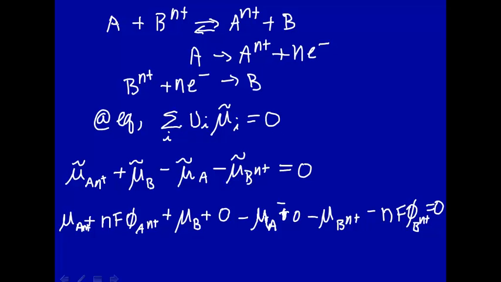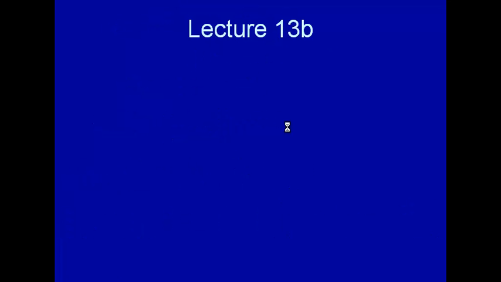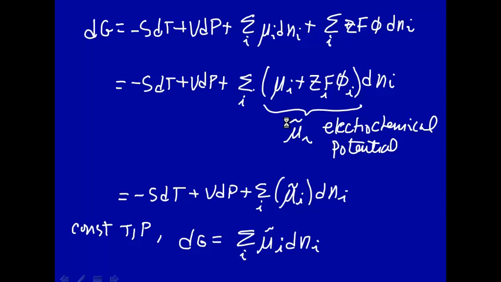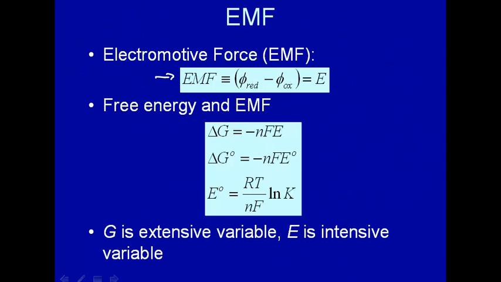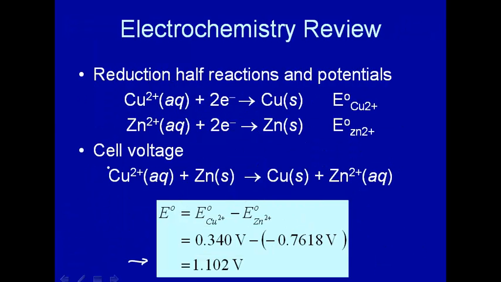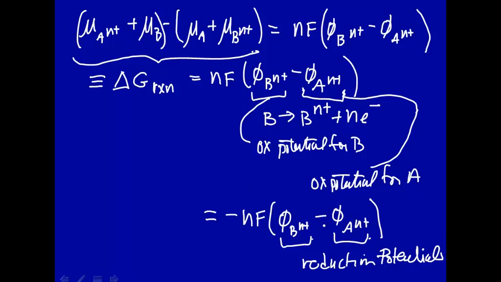If you recall from the previous lecture, when we reviewed equilibrium thermodynamics, remember to calculate the cell voltage, it was the reduction potential of the thing that was actually being reduced, in this case copper, minus the reduction potential of the thing that was being oxidized. So it's a reverse reaction to subtract that. Well, that's exactly what we've done here.